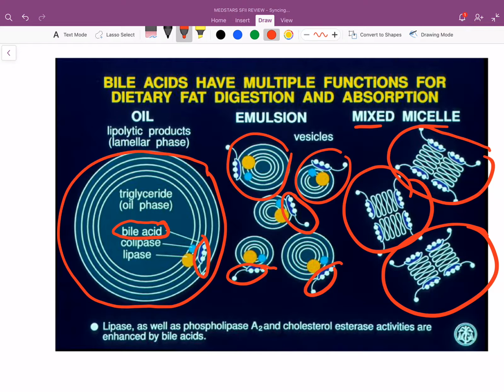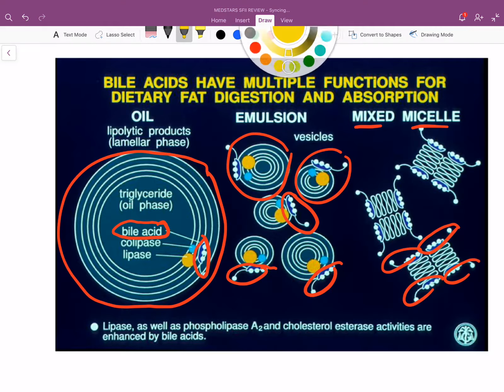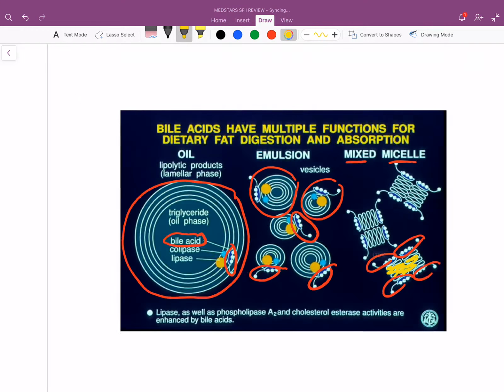The thing about bile acid is that it is water soluble. So as you can see right here, the bile acid starts to make a circle around this fatty stuff.